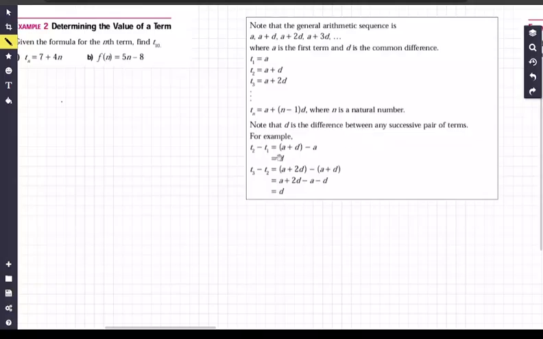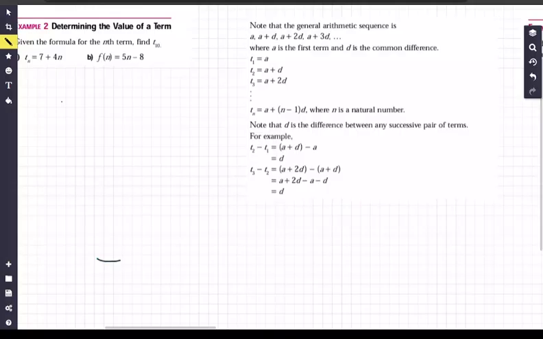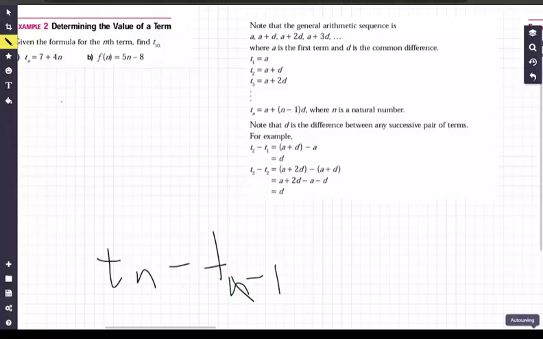So T2 minus T1 should equal D, and T3 minus T2 should also give you D. I know nobody really likes to prove it, but I'll quickly tell you how we prove it. We do Tn minus Tn minus 1, the term before it, and then we find the common difference.